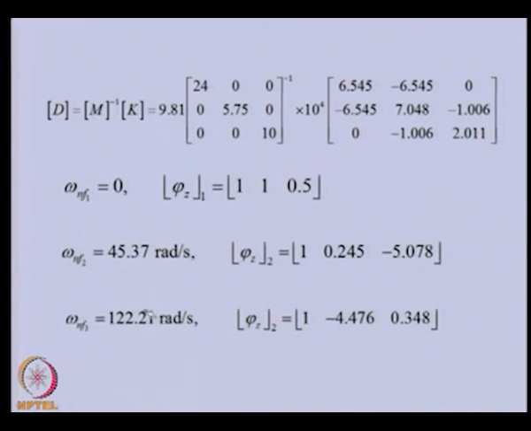Out of that, 2 are flexible modes and 1 is a rigid body mode. This corresponds to node 4, and this is phi z1 and phi z2. Phi z3 is related to this. So if we divide this by the gear ratio, we can get the phi z3 displacement.